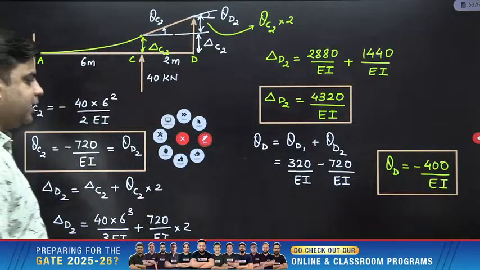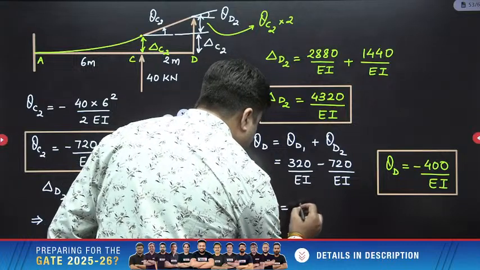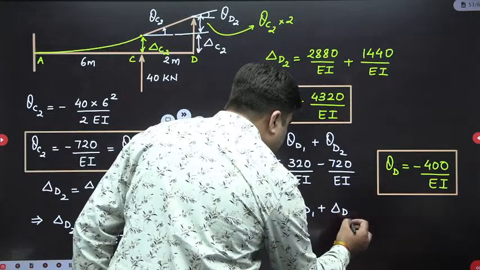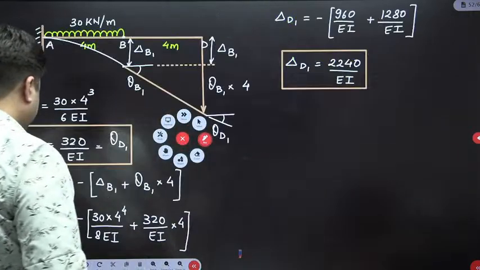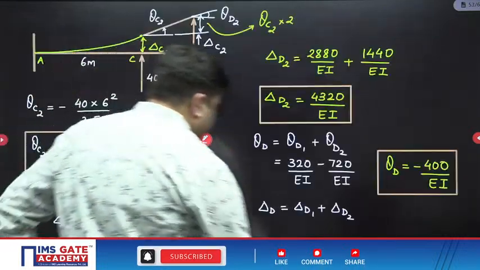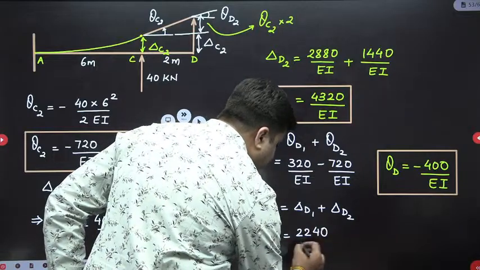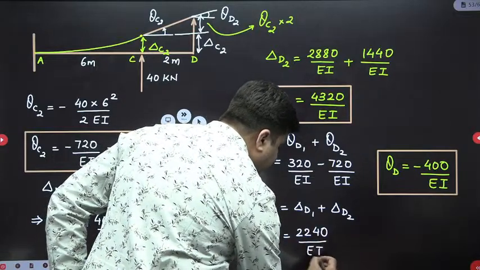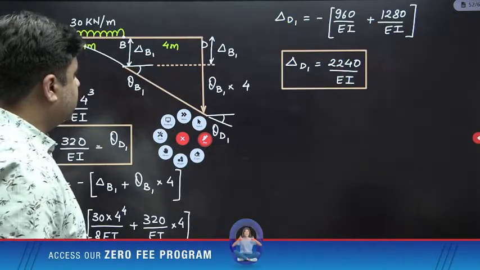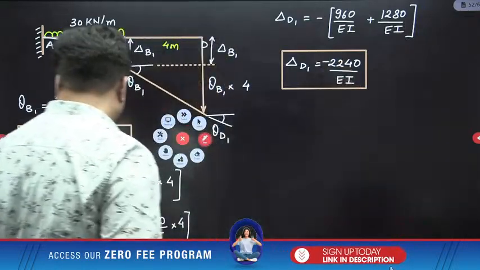Now calculate delta D. So delta D is equal to delta D1 plus delta D2. So delta D1 will be how much? Delta D1 will be 2240 by EI. This delta D1 is negative, right? Yeah. This is minus 2240 by EI, sorry.